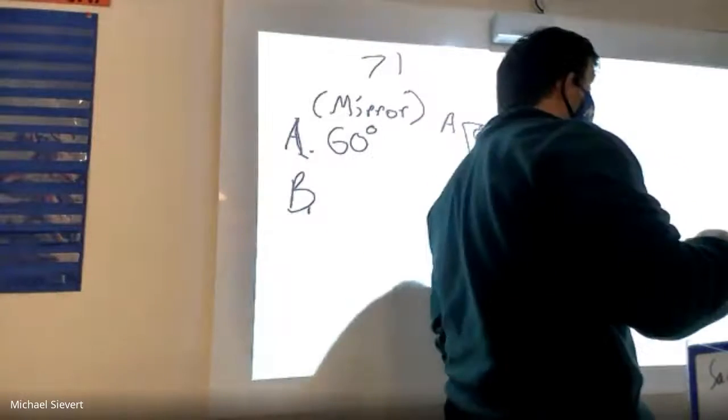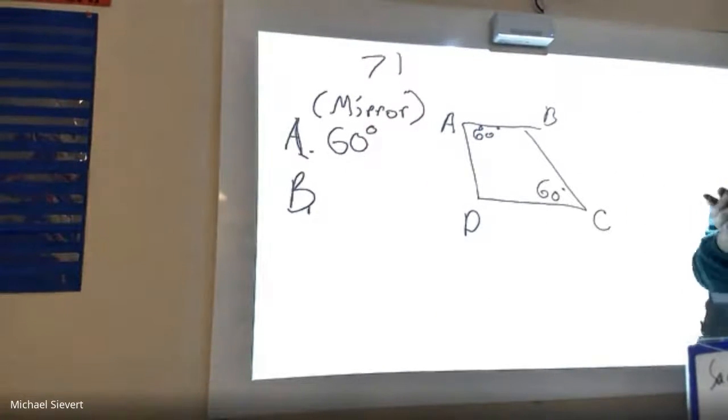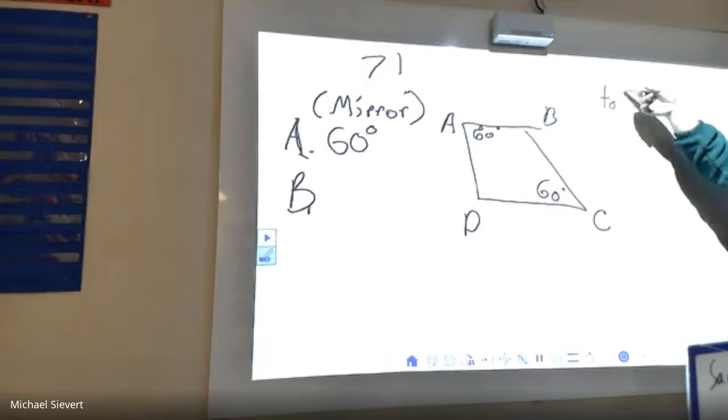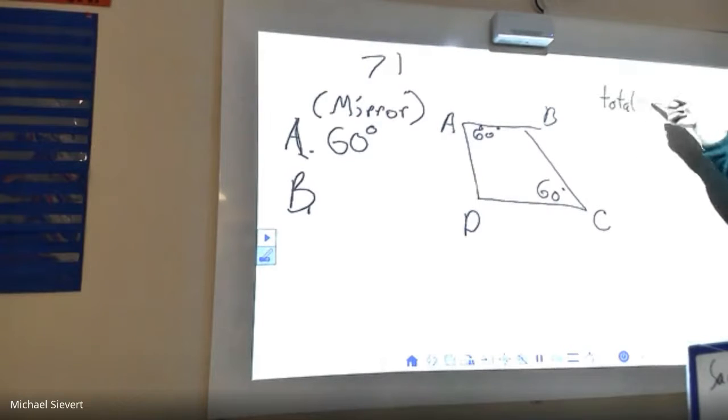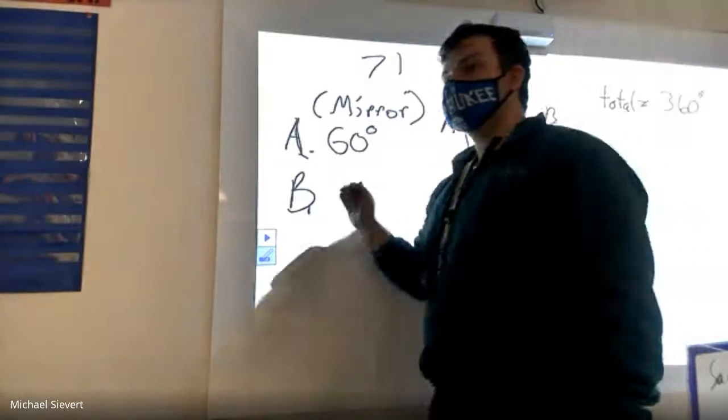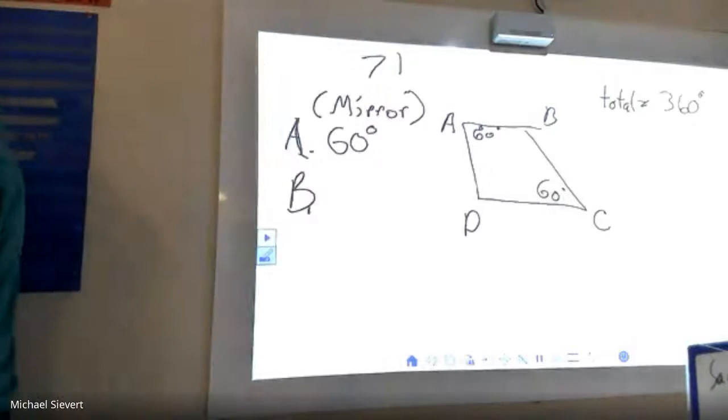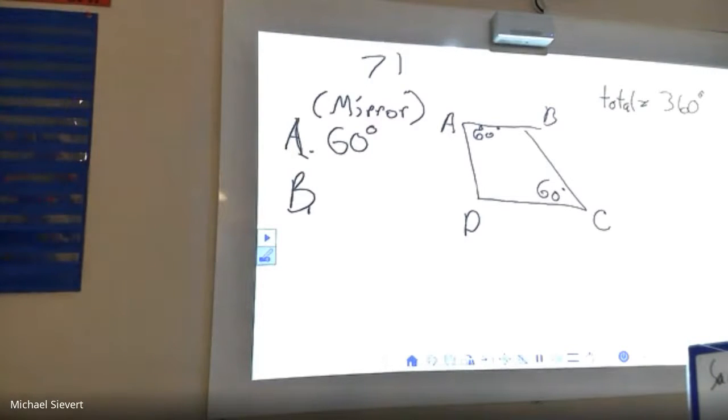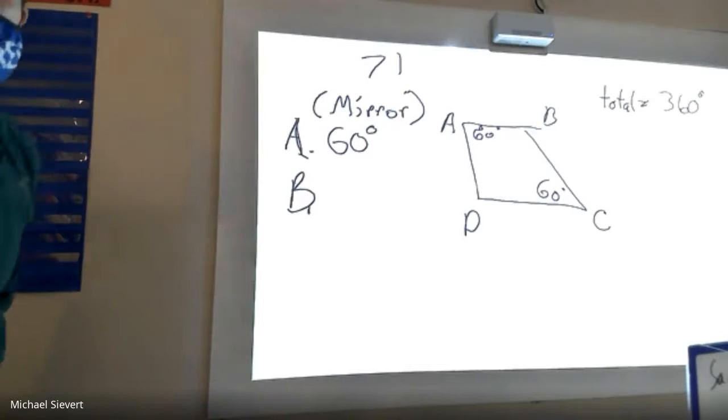For example 1, please make sure you write this down somewhere. The total will always equal 360 degrees. All of these angles need to, and I say need to, Kamante, because they really do need to equal 360 degrees.